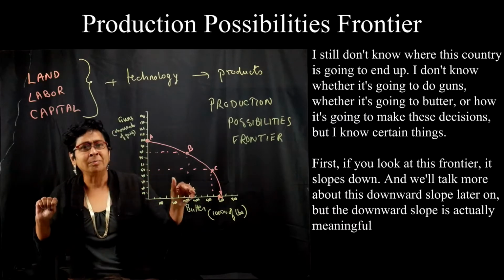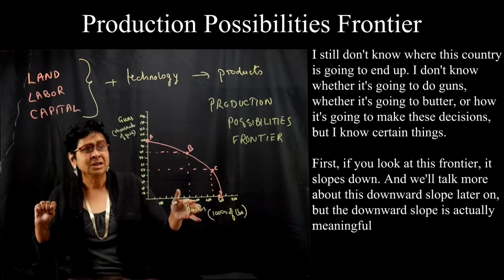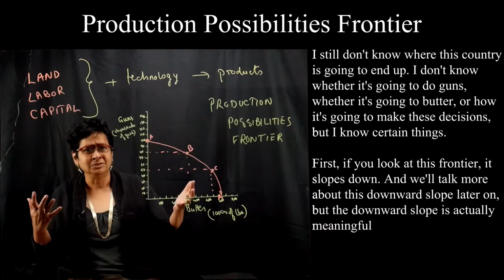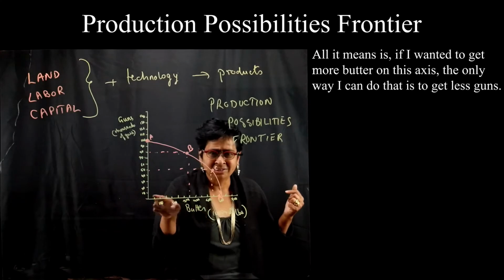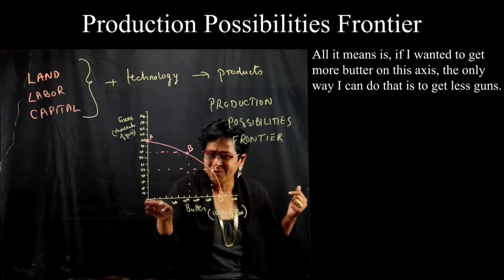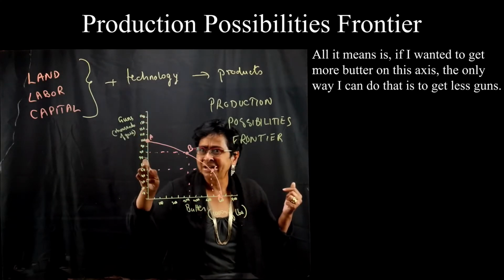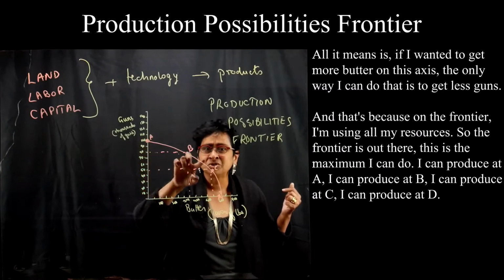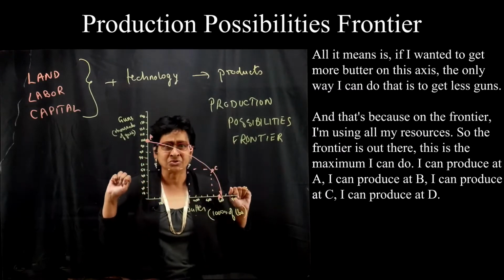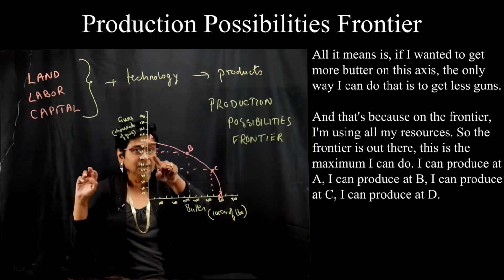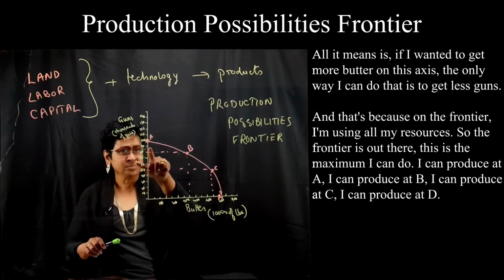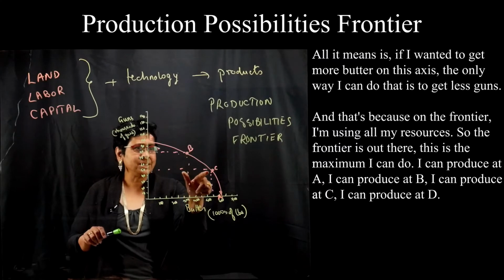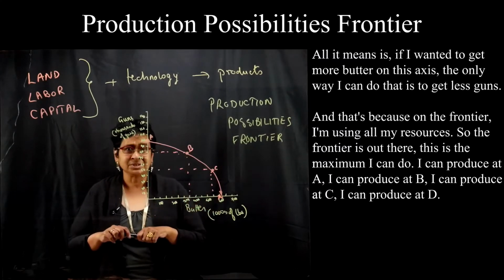And we'll talk more about this downward slope later on. But the downward slope's actually meaningful. All it means is, if I want to get more butter on this axis, the only way I can do that is to get fewer guns. And that's because on the frontier, I'm using all my resources. Right? So the frontier is out there. This is the maximum I can do. I can produce at A, B, C, or D.